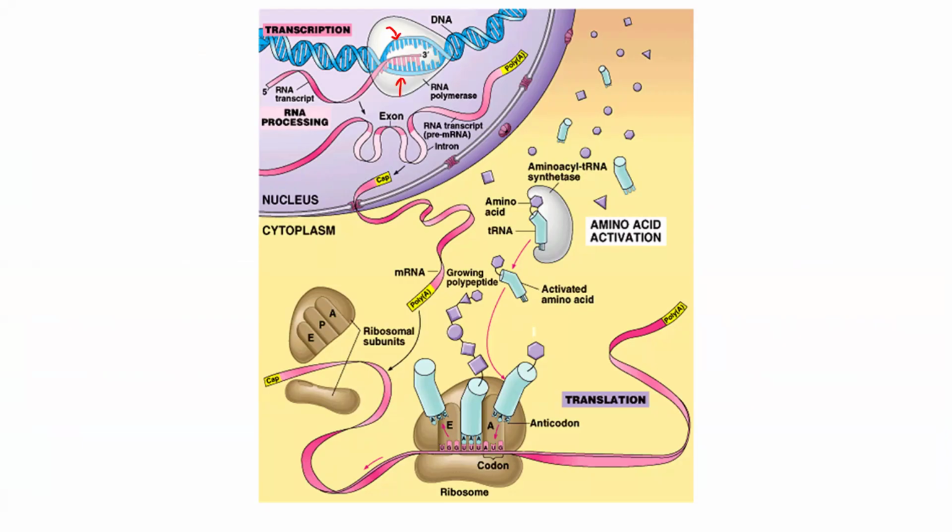Which one do we cut out, introns or exons? Introns. Introns are insignificant. Cut them out. You put on the cap. What's the cap made of? G. And then the poly A tail, and then it goes into the cytoplasm.